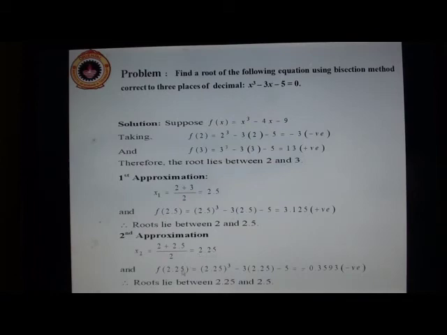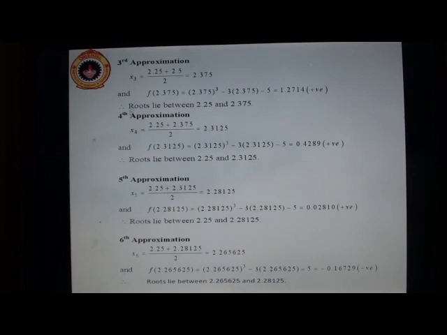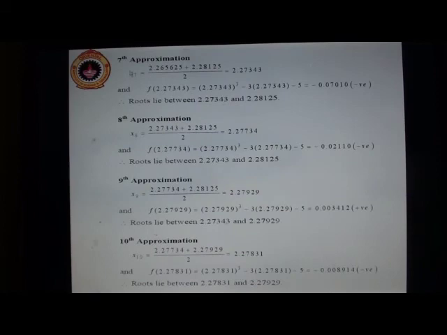The value of f(2.25) is negative and f(2.5) is positive. Therefore, the root lies between 2.25 and 2.5. In a similar manner, we find the third, fourth, fifth and sixth approximations until the answer is equal up to 3 decimal places.